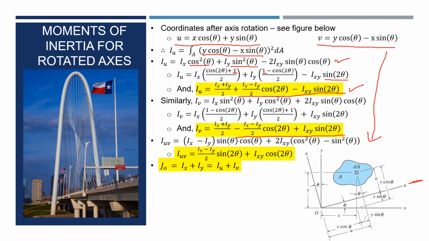The product moment of inertia in the UV system is, here's I sub UV. So it's very similar.